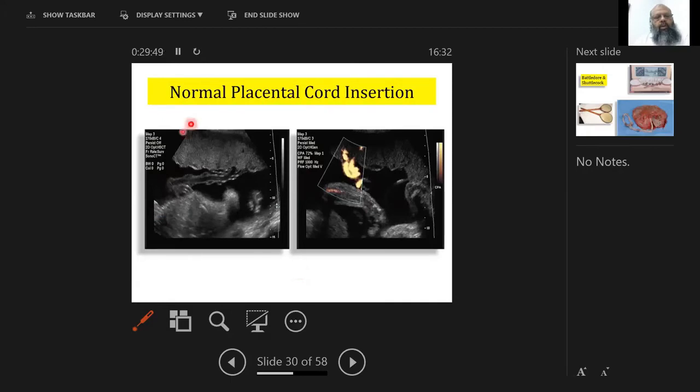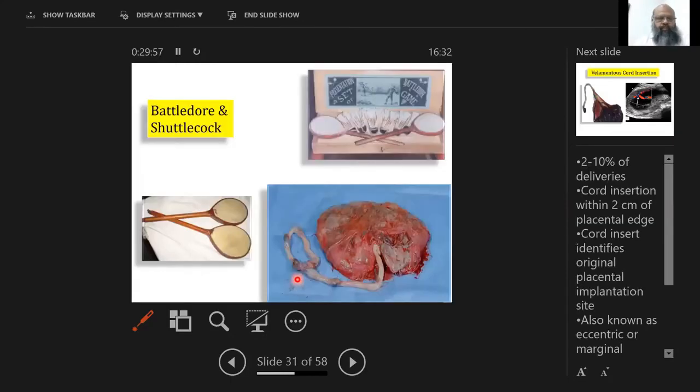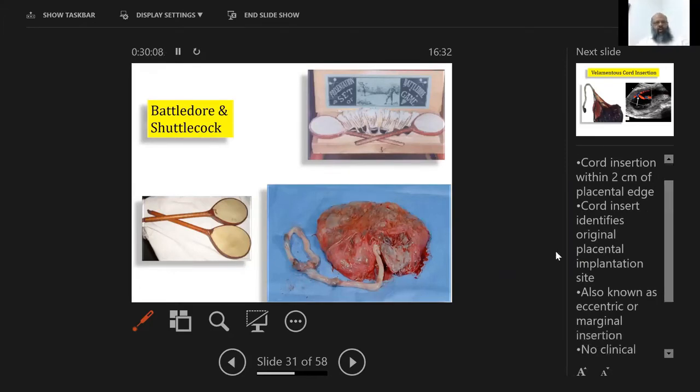The normal placental cord insertion is in the center. Here it is the center. And it can be on the side. About 2 to 10% of deliveries, cord insertion within 2 centimeters of placental edge. Cord insertion identifies original placental implantation, and also known as centric or marginal insertion.